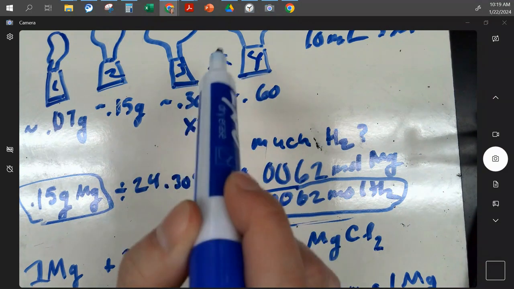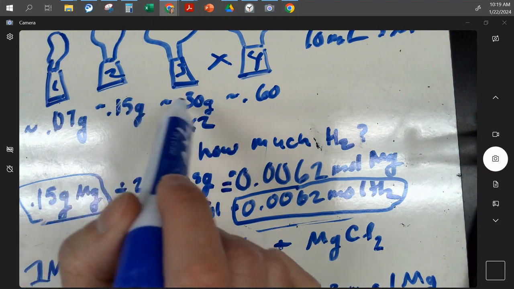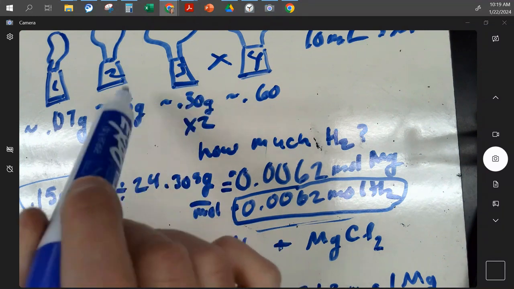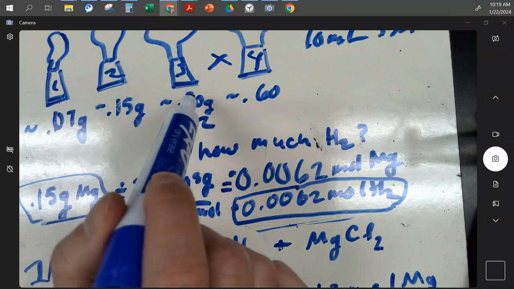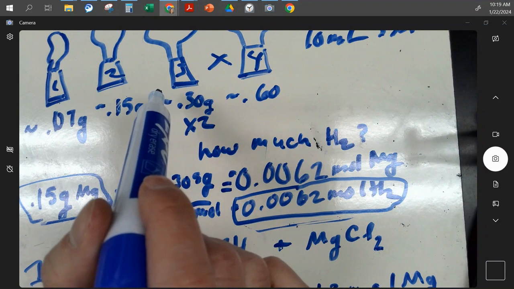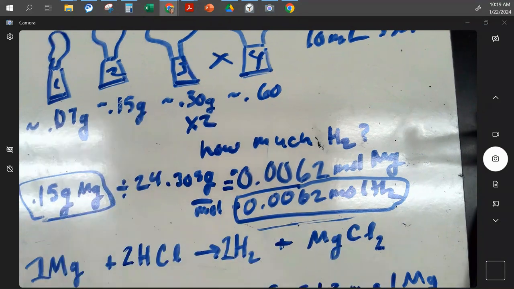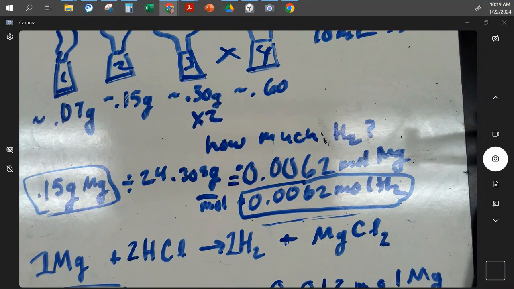This didn't double. But we're looking right here, 2 to 3, from 0.15 to 0.3, that doubled. So we're just trying to show why it doubled. If we double the magnesium, we double the hydrogen. Why did it not double from 3 to 4? Yes, that is the next question.